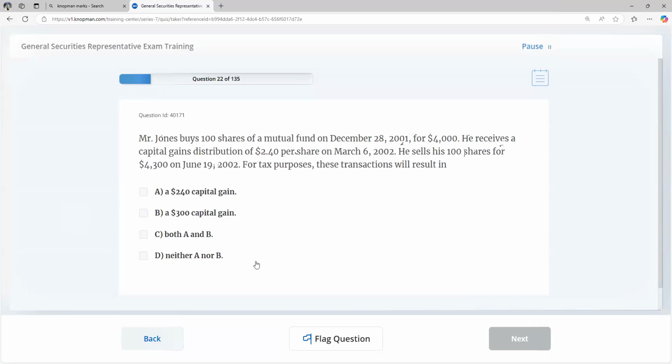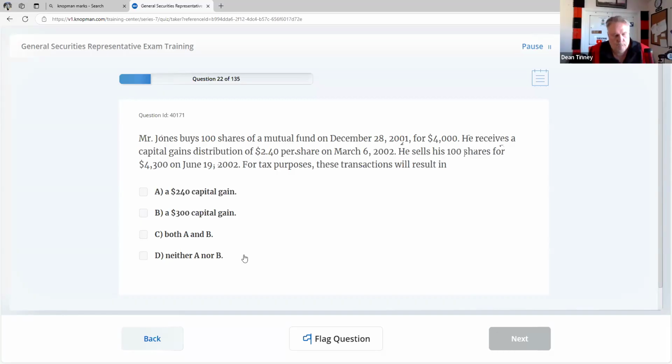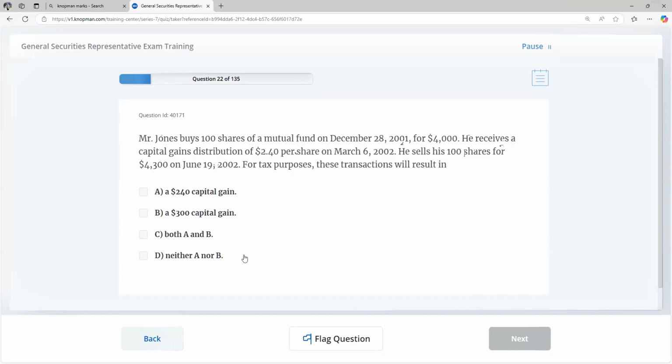Okay, and then he receives a capital gains distribution of 240 per share. And then he sells his 100 shares for 4,300. So he bought the shares for 4,000 and then he's selling them for 4,300.